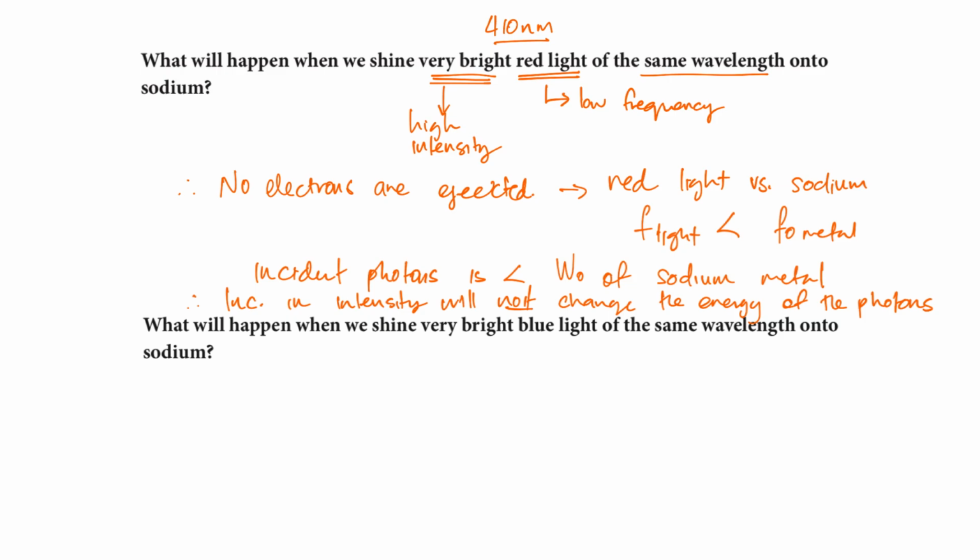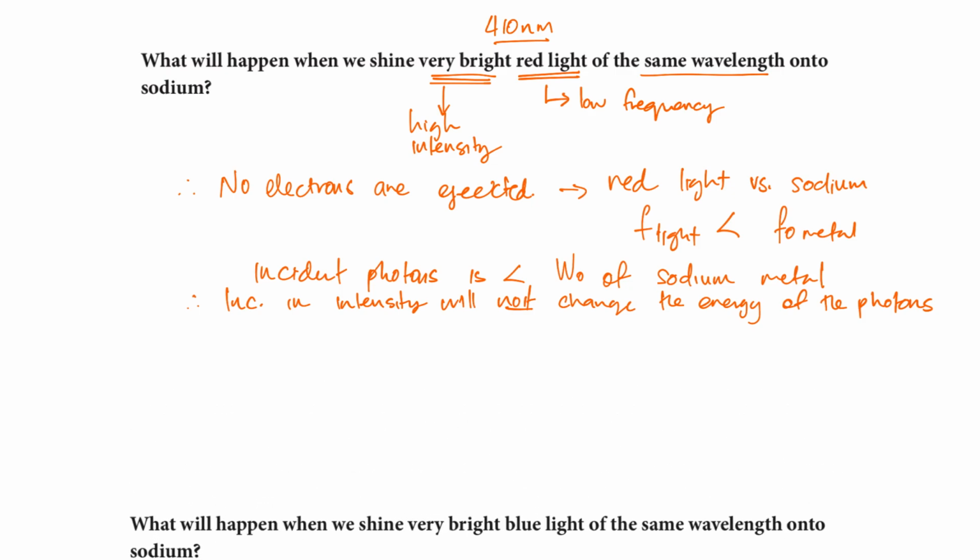So suppose we change the wavelength. Let's say for example, I change the scenario and I've got a dim blue light, and this dim blue light has a lambda value of 480 nanometers.